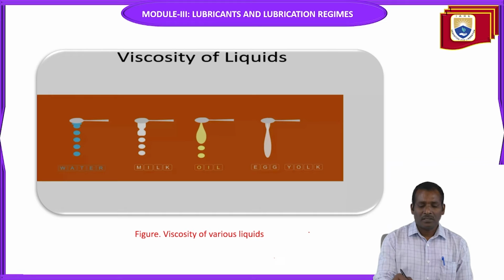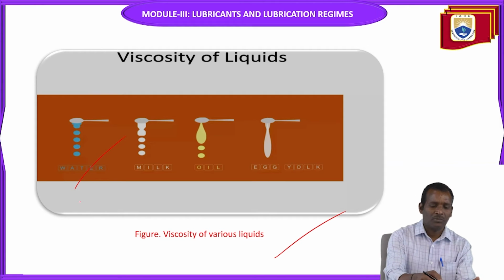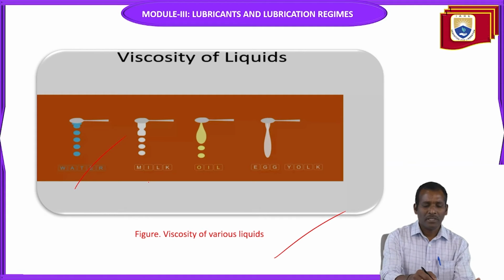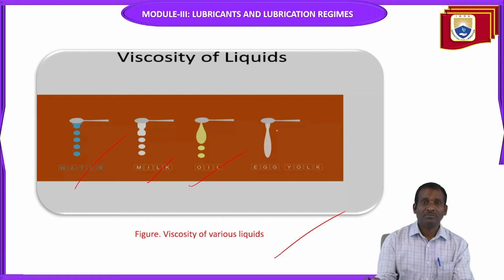Here in this figure are shown the viscosities of various liquids. One is water. In this water, you can observe the viscosity is very low, so you can pour the water drop by drop on a floor. Similarly, milk. Compared to water, the viscosity of milk is somewhat higher. Then oil.